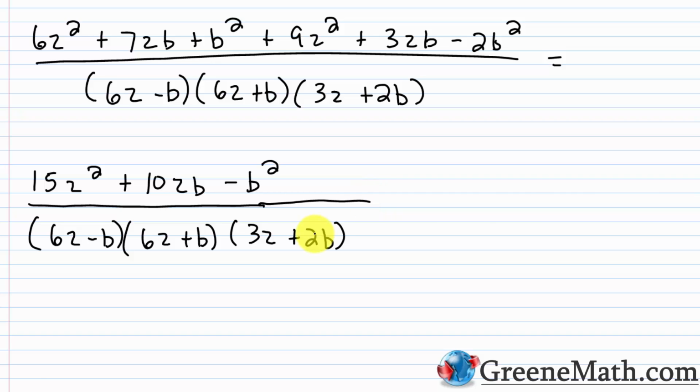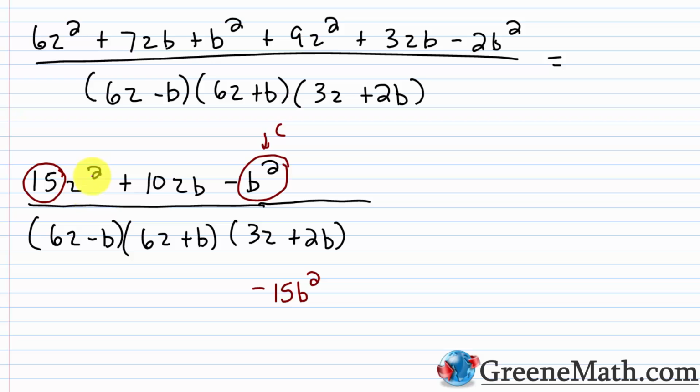I need to find two terms now because we have two variables involved. So I'm going to treat this last one like it was a constant, right? Remember, this is usually my c term. So I'm going to say a, the coefficient here, times this guy right here. So 15 times negative b squared is negative 15b squared. So I need two terms that would multiply together to give me that, and that would sum to give me 10b, okay?